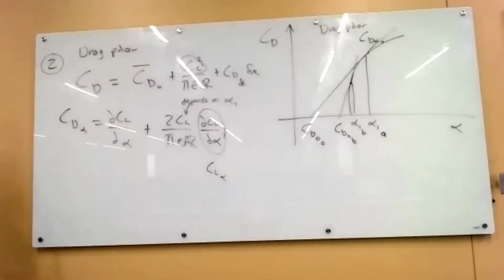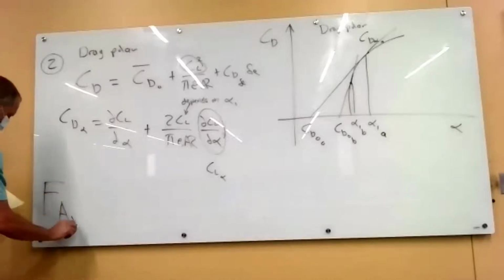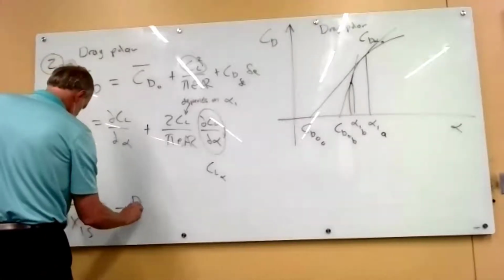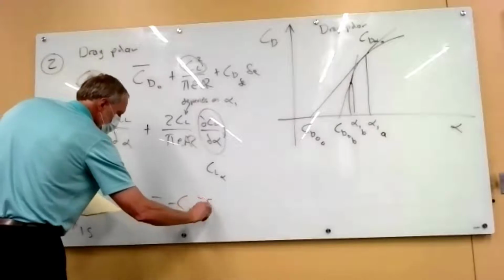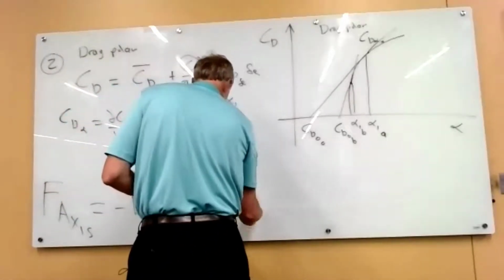All right, so what that means is now we have an equation that models how the drag varies with respect to angle of attack, the elevator, and IH.